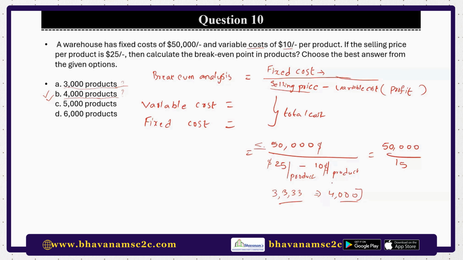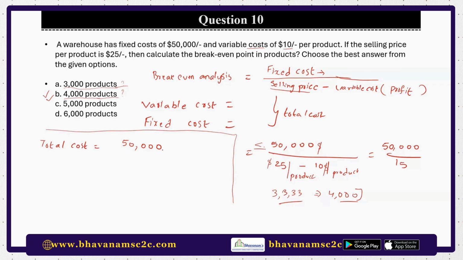All right. As I said, I'll give you another example. When they give you the total cost to produce units or products, let's say the same 50,000, it includes the variable cost as well.